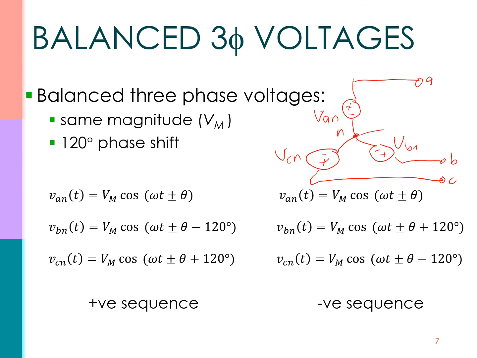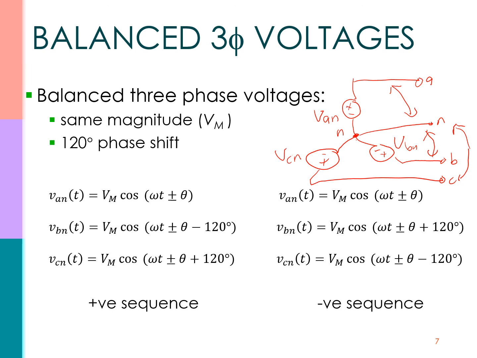That is why we call the voltage between line A and N as VAN, between line B and N as VBN, and between C and N as VCN.